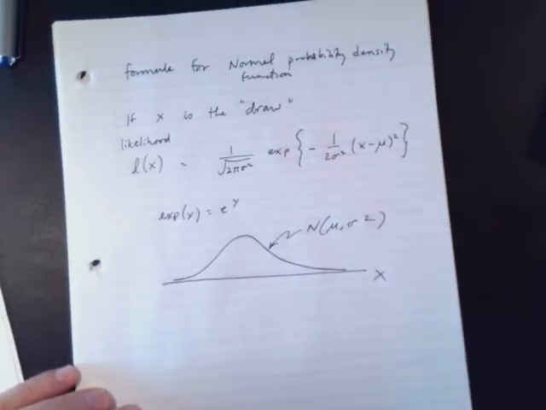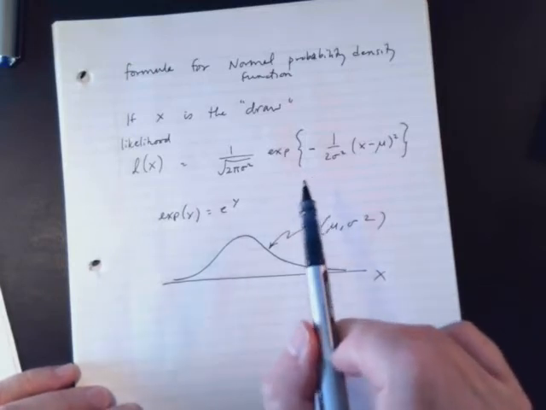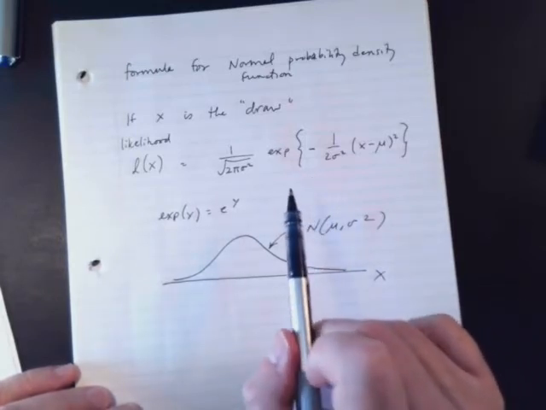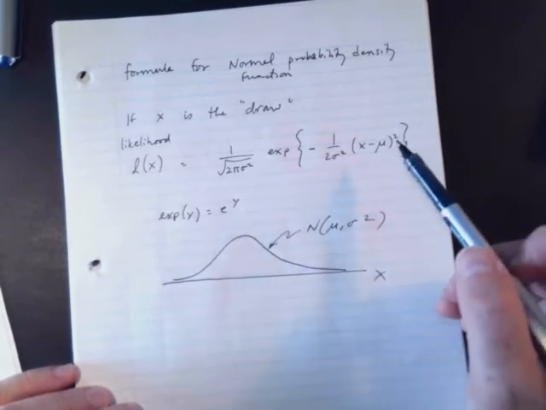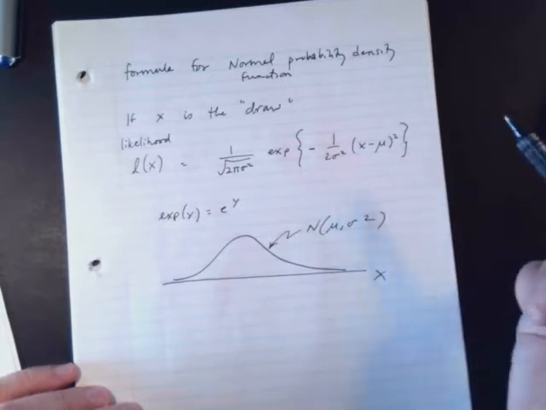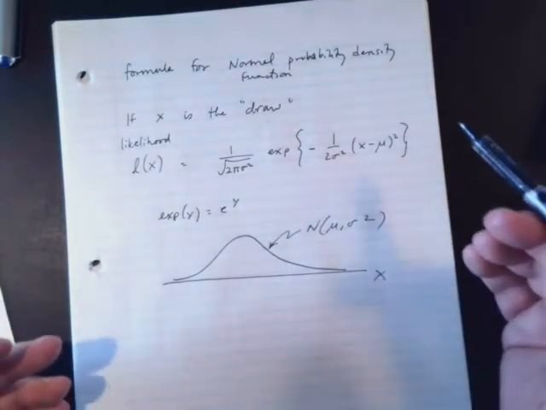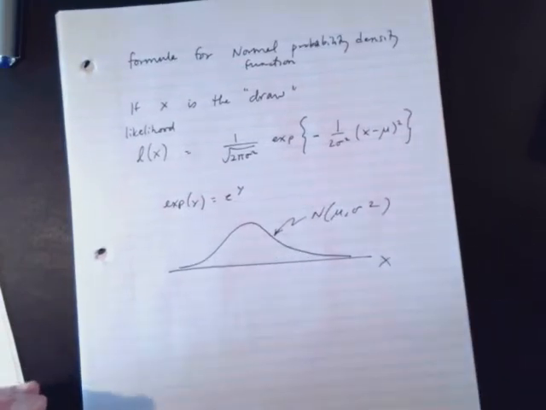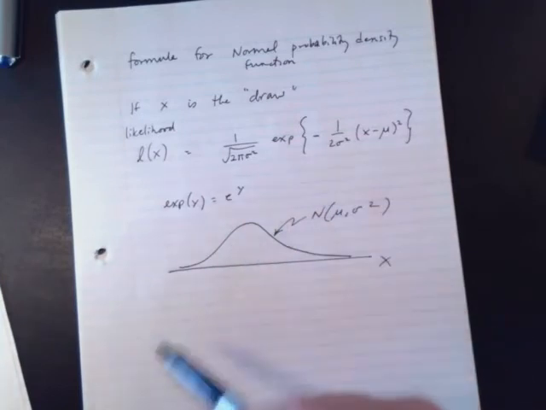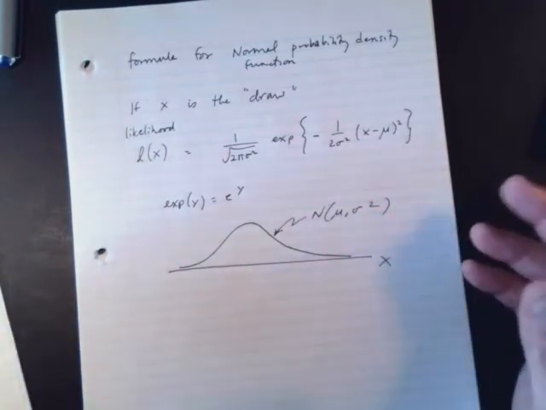Now, I remember when I first saw this formula in an econometrics course, and I just thought this is the most incredible formula I've ever seen. It's just an amazing thing, and here's why. Because when you think about the most confusing, unstructured stuff that goes on in the world, that's randomness.